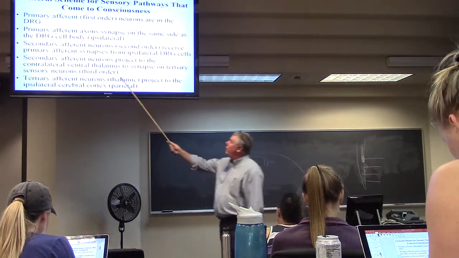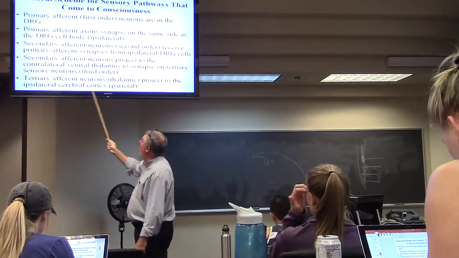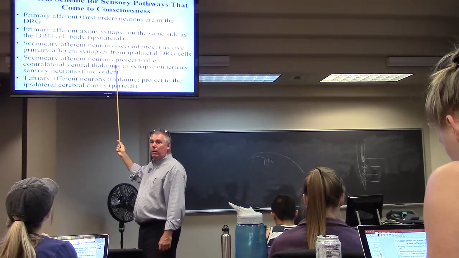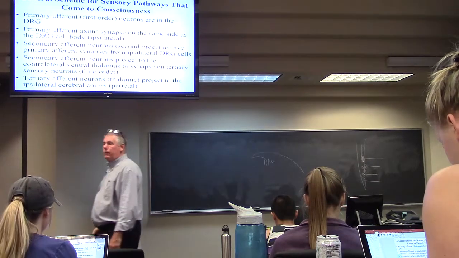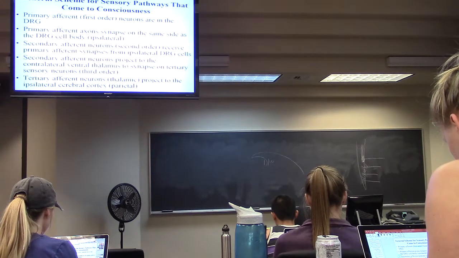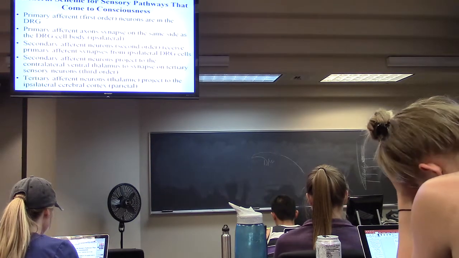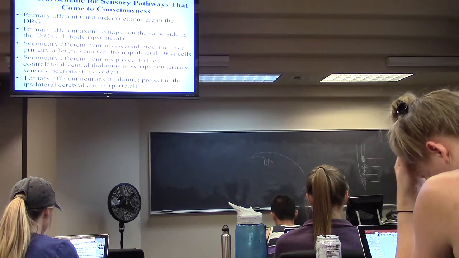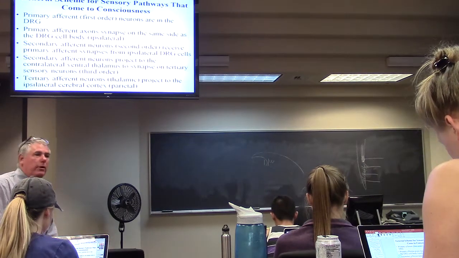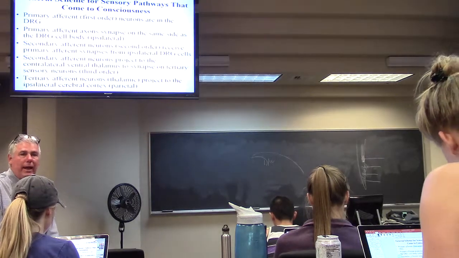Secondary afferent neurons project to the contralateral VPL. The second order neurons, the cell body is on the same side, they cross to the other side, they're going to ascend to the VPL of the thalamus, the ventral posterior lateral nucleus of the thalamus.